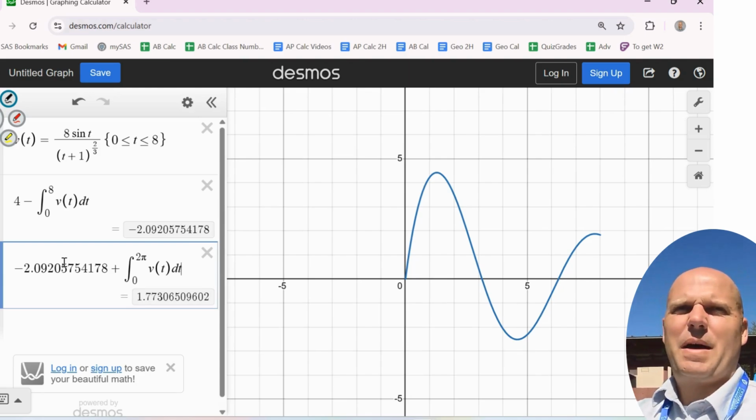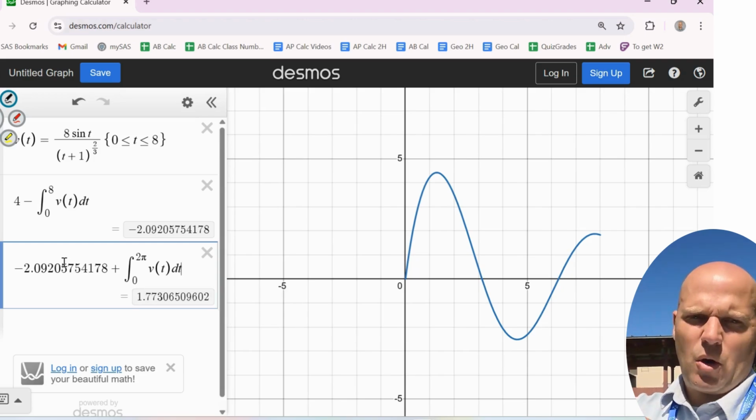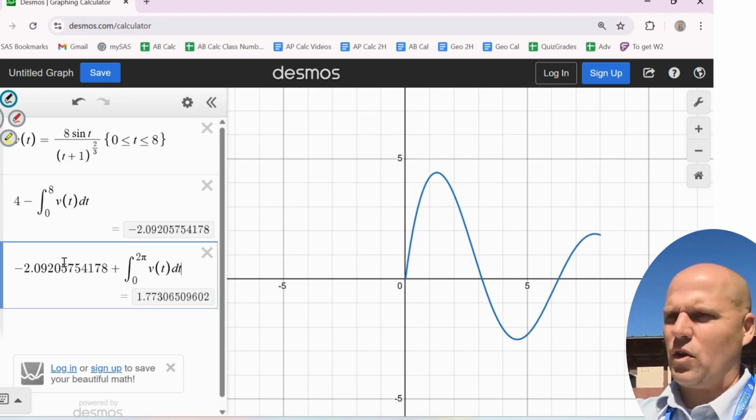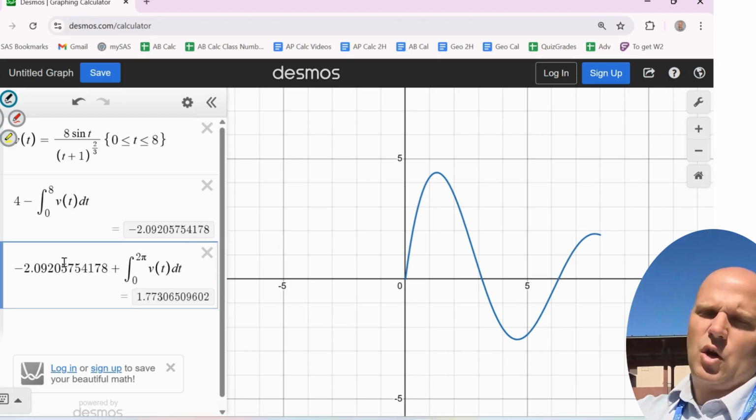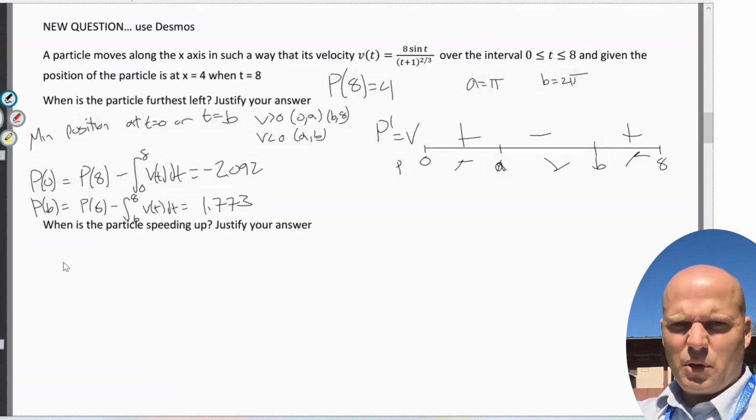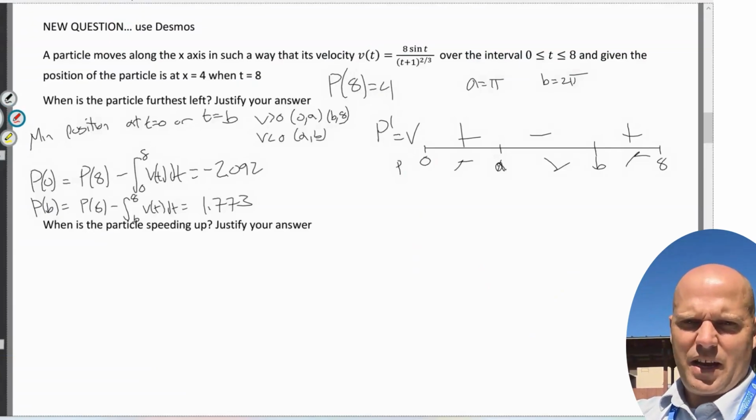It's probably tough to think about going backwards just a little bit, so maybe go all the way backwards and then just start over. Once you have your position at your start, you can go from there. 1.773, so this is my answer. This is my min position.